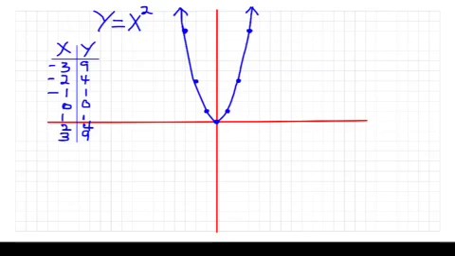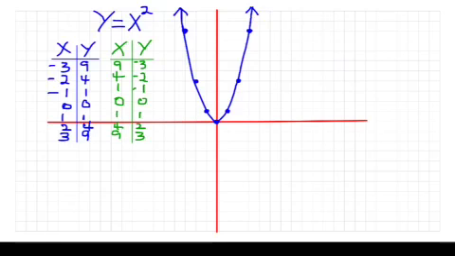And if you remember the rules for finding inverses, you find inverses of graphs by simply switching the x and y values. So I created another table, did this one in green, and you notice what I did is I put the y values from the blue table in the x column for the green table, and then I put the x values from the blue table in the y column of the green table.